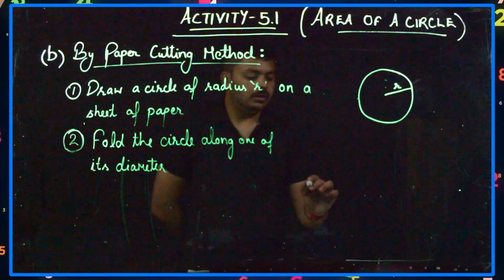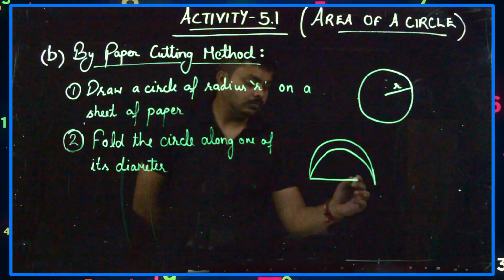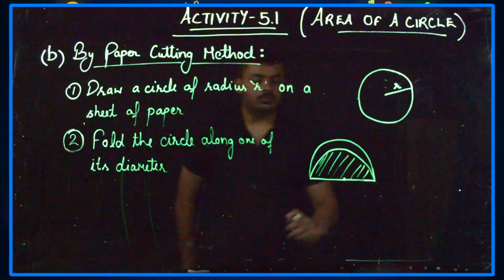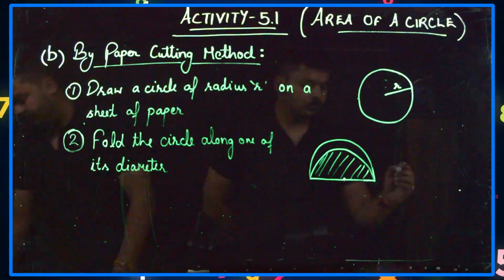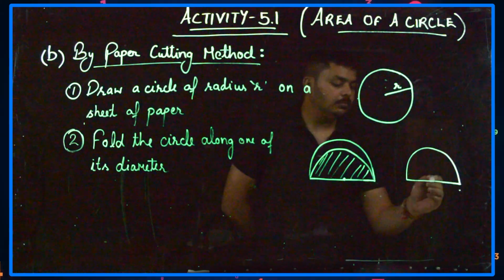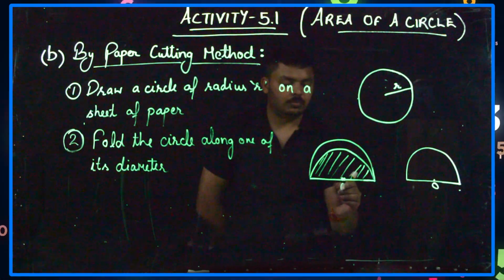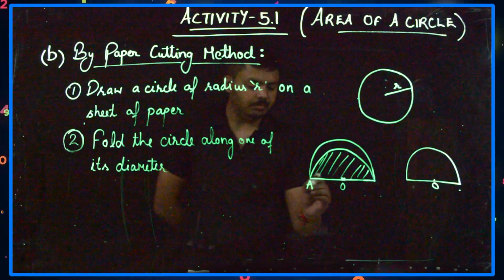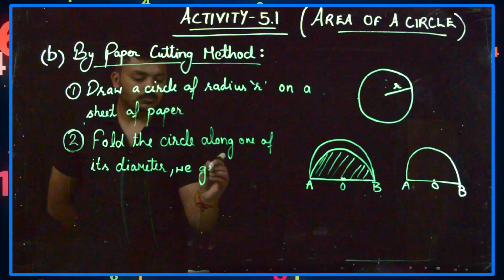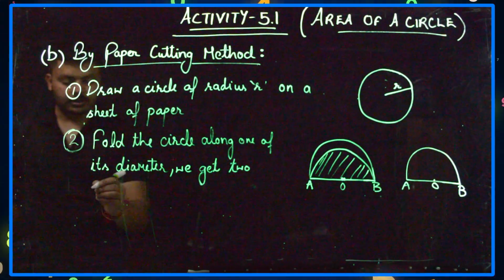Now we fold the circle along its diameter to get two semicircles. This is the center of the circle O, and diameter is AB. We get two semicircles.